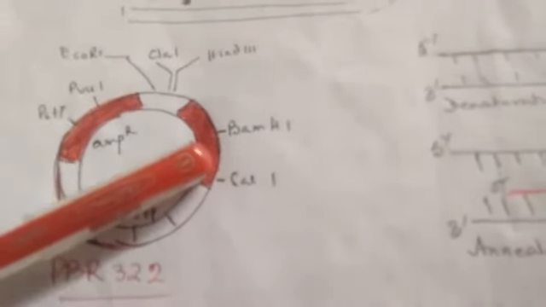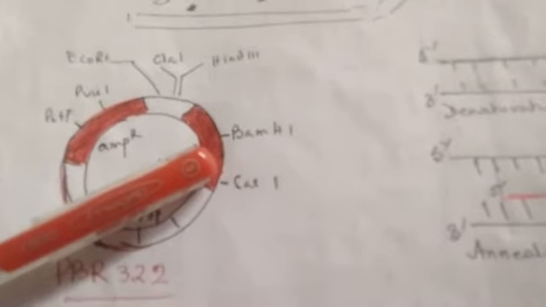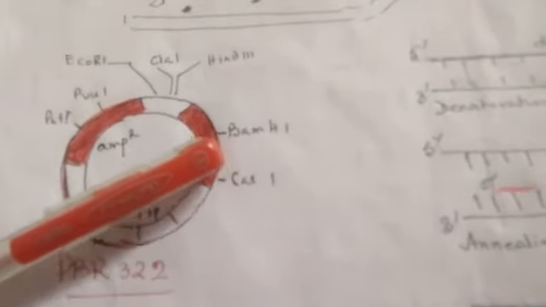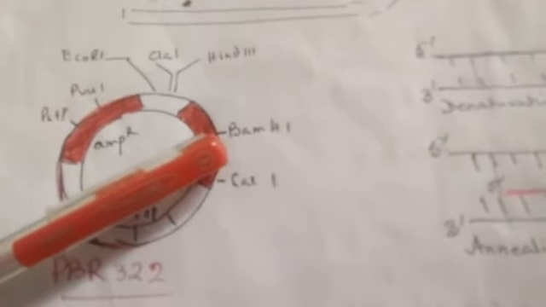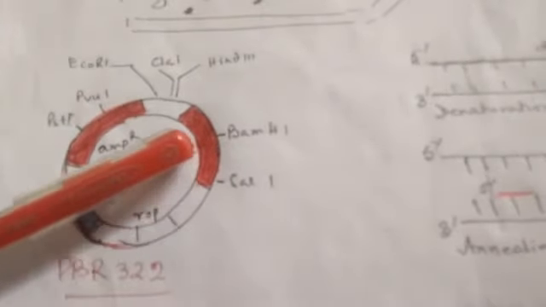So what will happen? These bacteria which were growing on tetracycline, as they had the intact tetracycline resistance gene, will stop their growth, because now the tetracycline gene has been disrupted. So easily we can select the transformant from the non-transformant. So it is the selectable marker. It also has this.